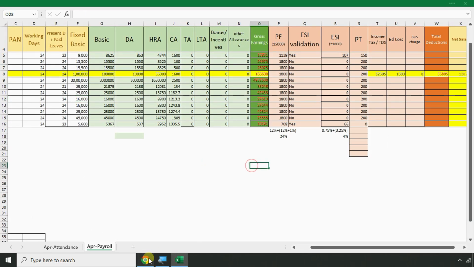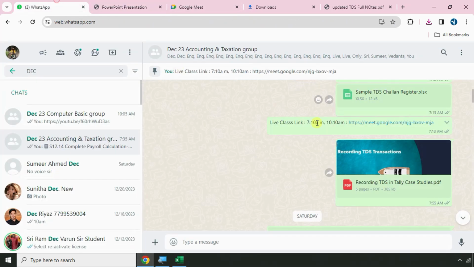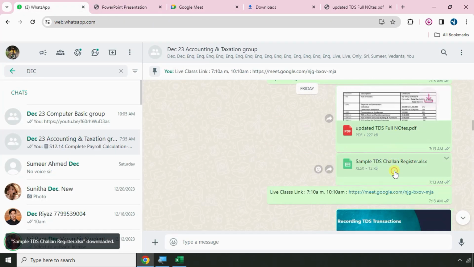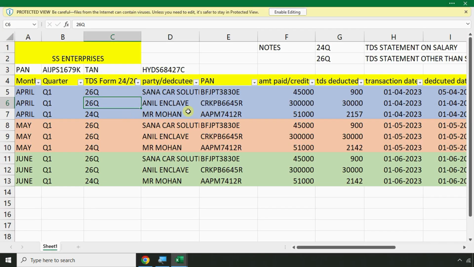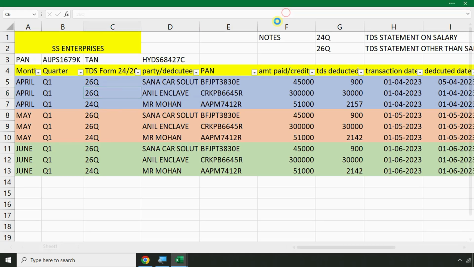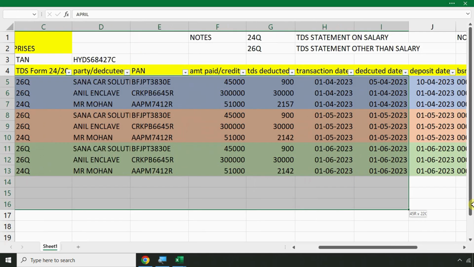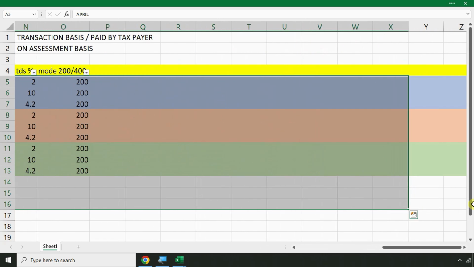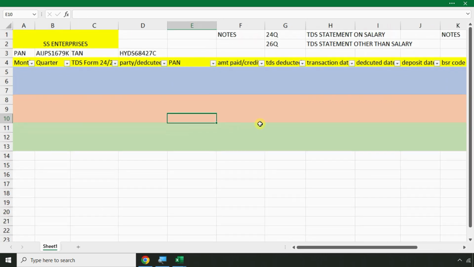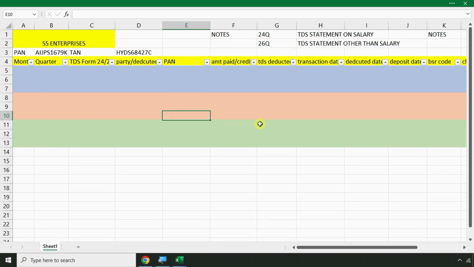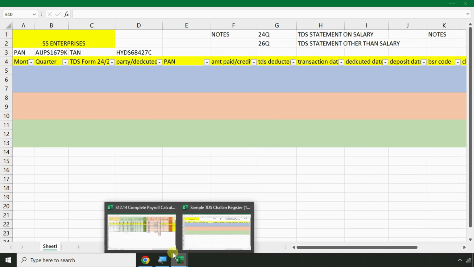Look. On the day I have given you one more sample TDS challan register for SS Enterprises, you remember? So in that class we deducted TDS on technical services and rent we deposited TDS with the government, correct? Now also, if we have deducted TDS, you need to deposit TDS, you need to maintain the challan information like that, okay? For whom?